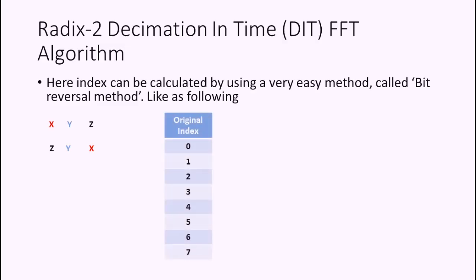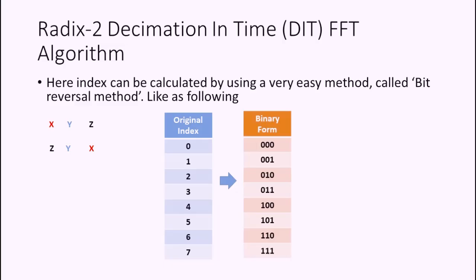Say the original indexes are 0, 1, 2, 3, 4, 5, 6, 7. If we convert this into the binary domain, then we get 000, 001, and so on. Now, we apply the bit reversal method.